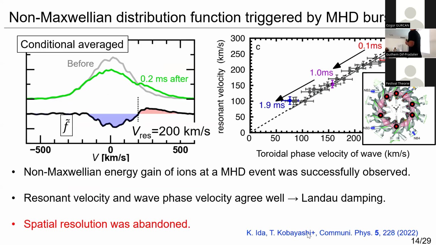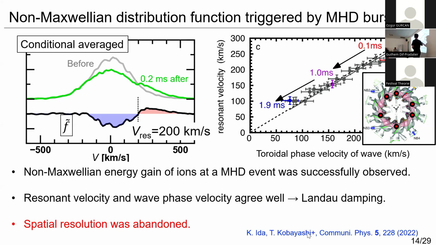The left-hand side here is the velocity distribution function before and after the energetic particle burst event. Before, we have a Maxwellian distribution, but after, we have a decrease of the particle number around zero velocity and an increase in particle number in the tail component, which has a zero crossing point here, which corresponds to the resonant velocity of the wave-particle interaction.